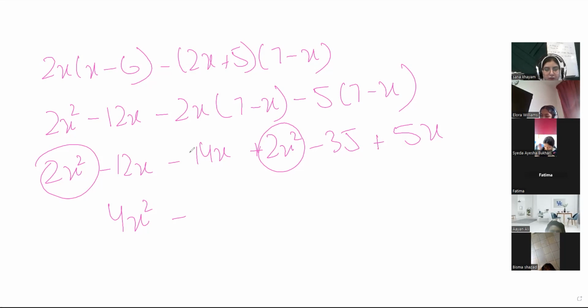Now if we add 12 plus 14 gives you 26. 26 minus 5 gives you 21x minus 35. Is this thing clear? Yes, miss. Good. Now I'll go back to part A and we'll do it again.